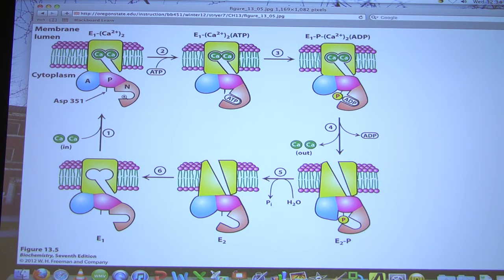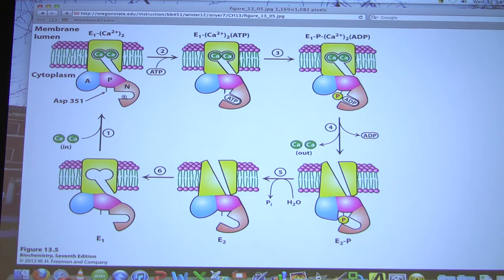Well, the first thing that we see in that process is, in this case, 2 calcium ions bind to specific locations inside of the transport protein. ATP comes in, and right there is our little side chain of aspartic acid. The phosphate gets transferred to the aspartic acid, and the transfer of that phosphate causes, here we go again, a slight shape change in the protein.